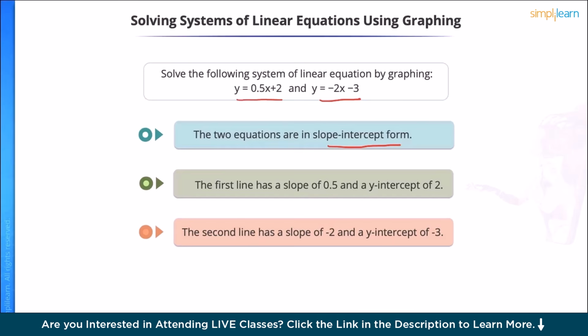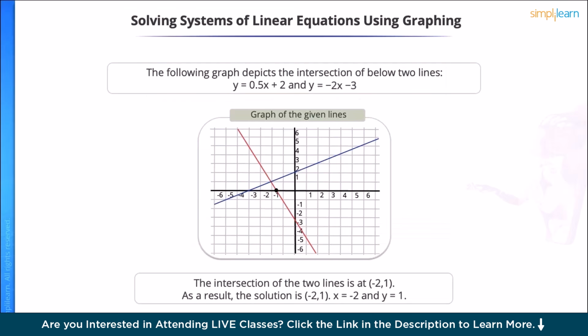The first line has a slope of 0.5 and a y-intercept of positive 2, while the second line has a slope of negative 2 and a y-intercept of negative 3. Let's have a look at these lines through a plot. Here, the blue line is the first line represented by y equals 0.5x plus 2.